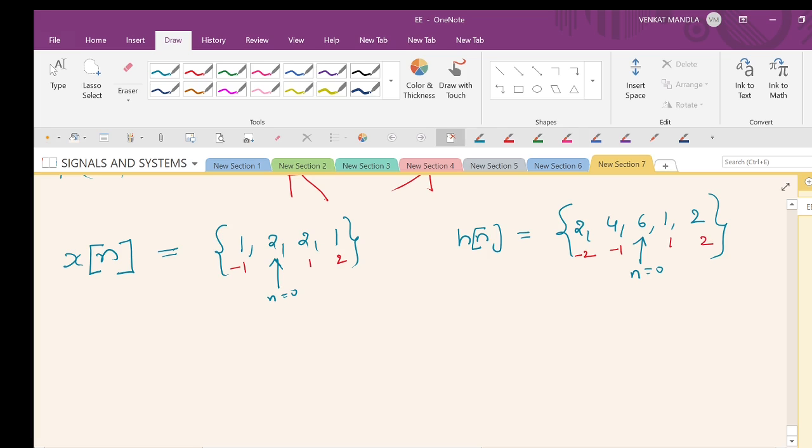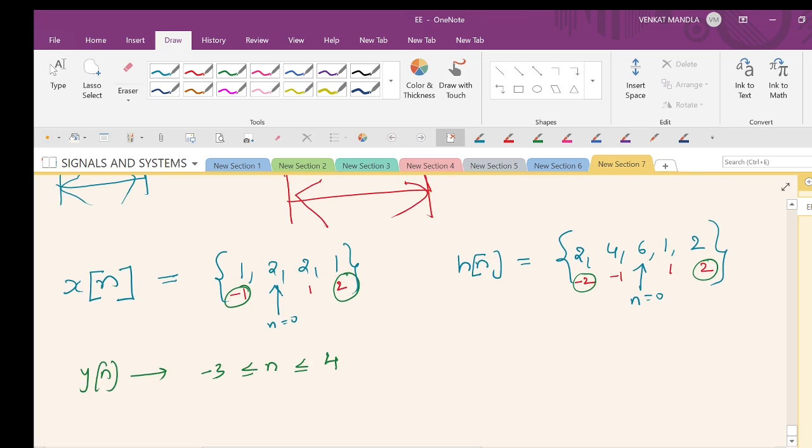So y of n exists from minus 1, minus 2, minus 3 to, next, the extreme limits plus 2, plus 2, 4. Y of n exists from minus 3 to 4. That we have to keep in mind.